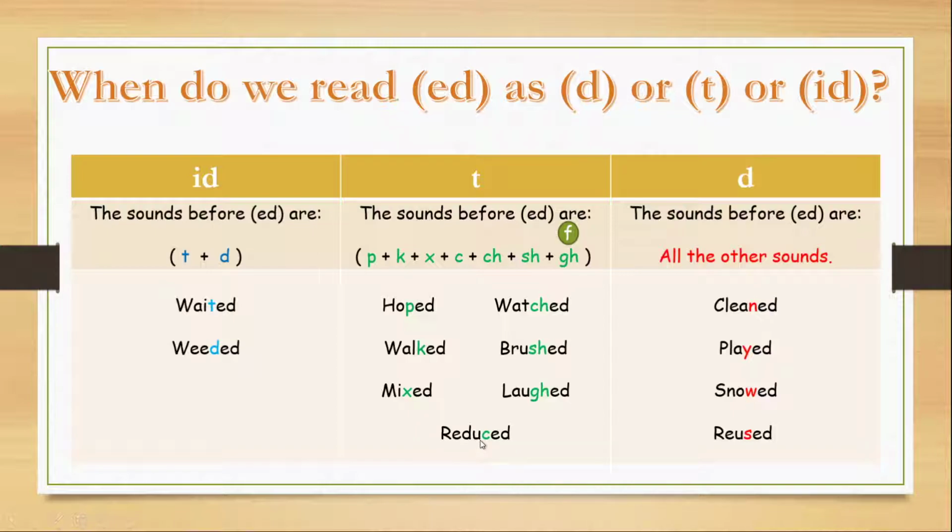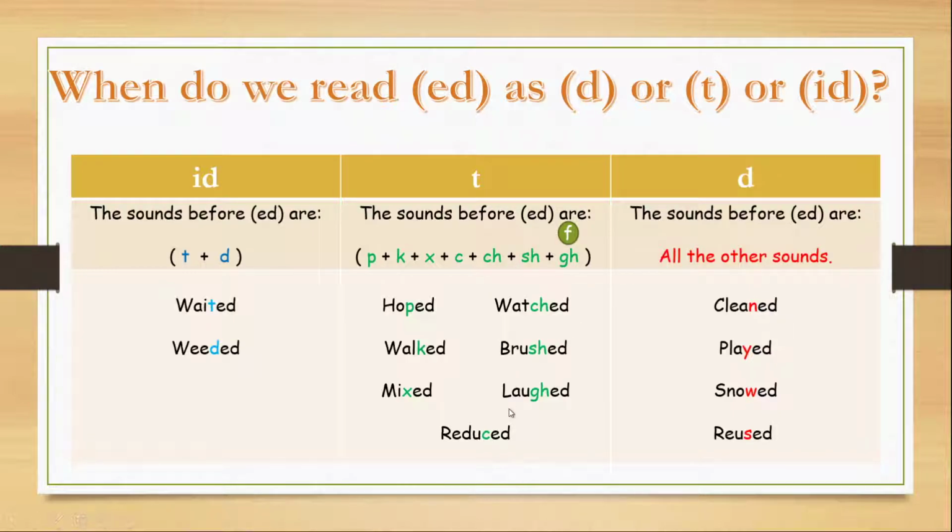Before the ED, we have C, and C is among the letters. Now here, watched. Before the ED, we have ch, and ch is among the sounds under T. Brushed. We have sh before the ed, and sh is one of the sounds that come with the t sound.